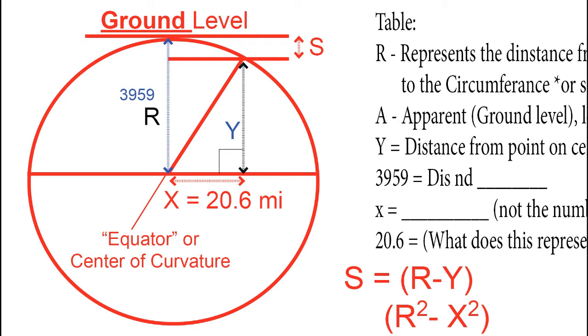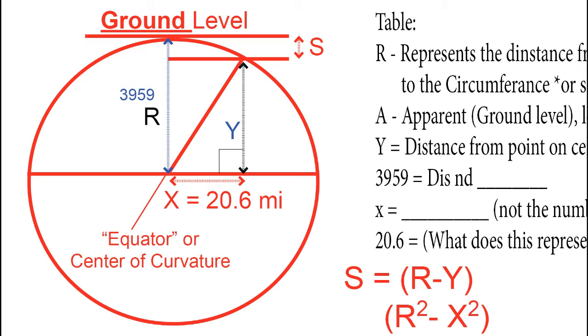So, using Euclidean geometry, the problem here is to figure out the distance of S, which is pretty apparent in this diagram, but in order to make this look a little bit more to scale, obviously you're not going to be able to draw this to scale because 20.6 miles scaled down to fit on a screen would be such a small distance you wouldn't be able to even view the problem accurately.